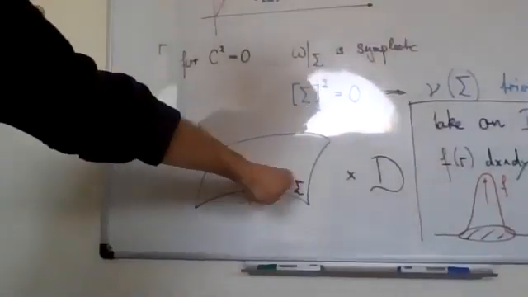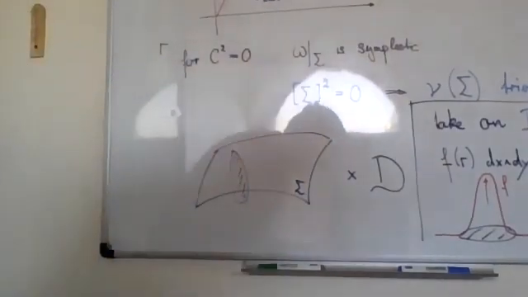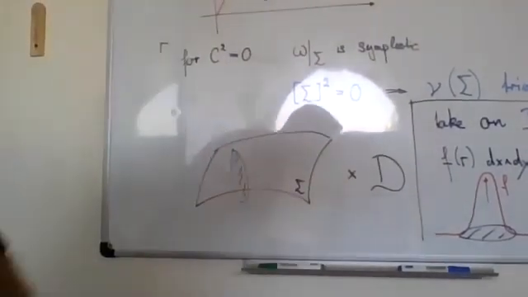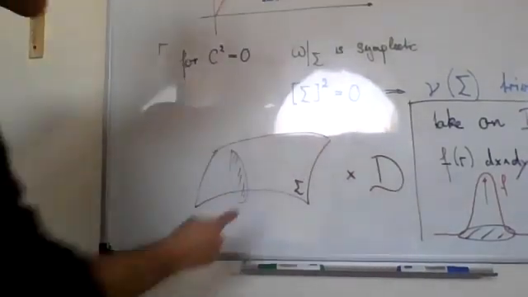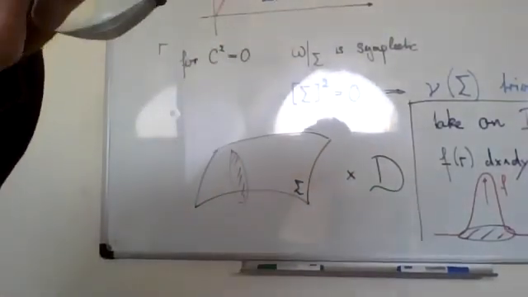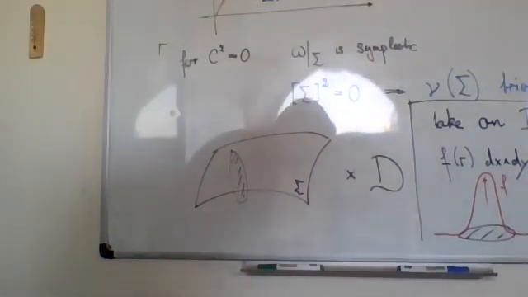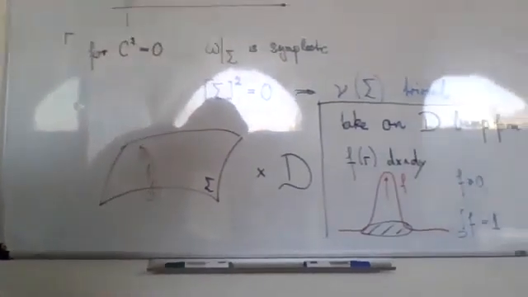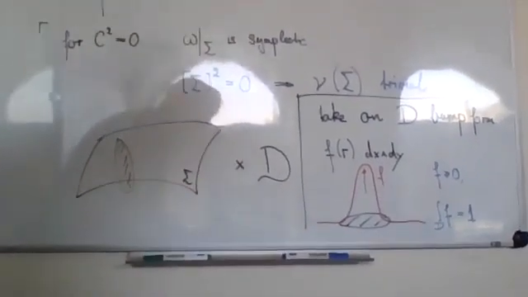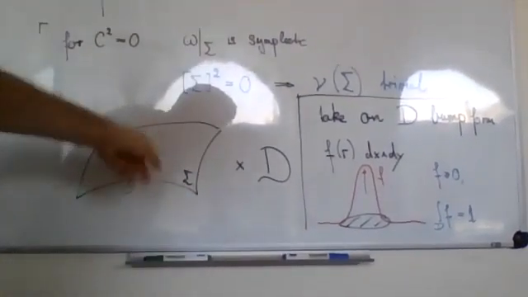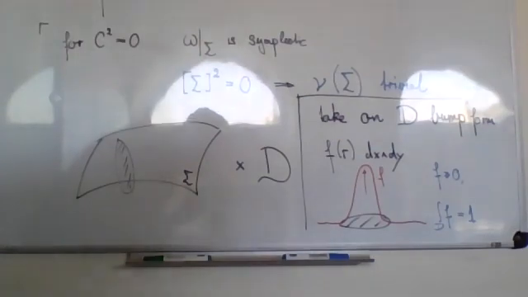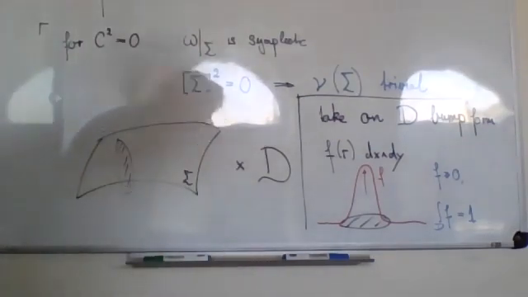So I have this surface, and now I take a little normal neighborhood that is here just a product. So I have sigma times D. In the general case, it would be a non-trivial product. Then it is really simple. In this disk, you take a bump function, or more precisely, a bump form.